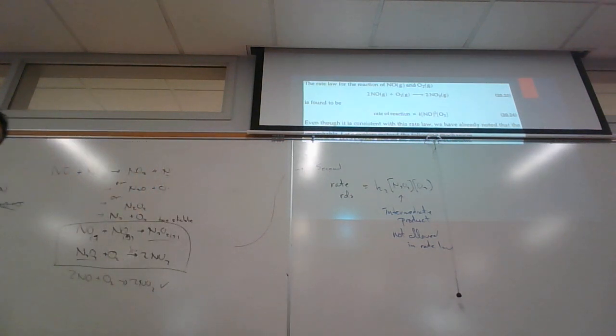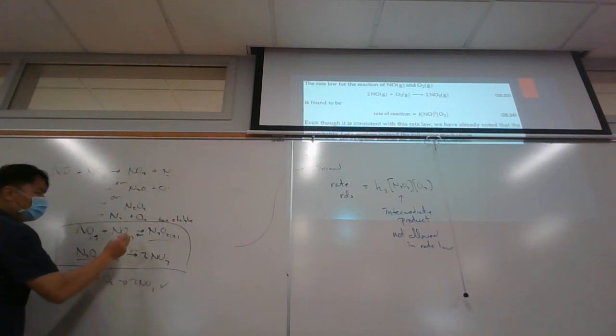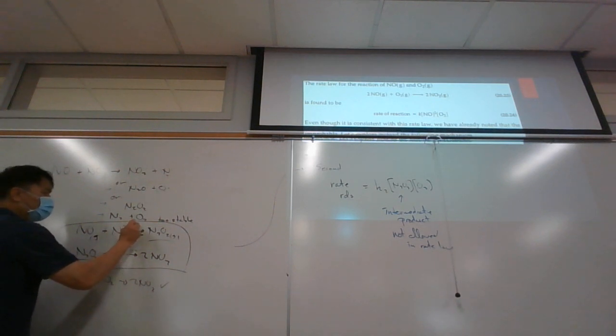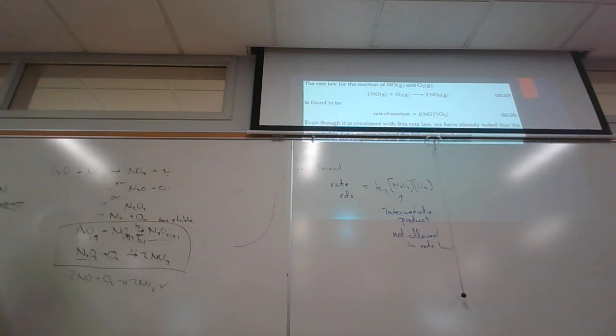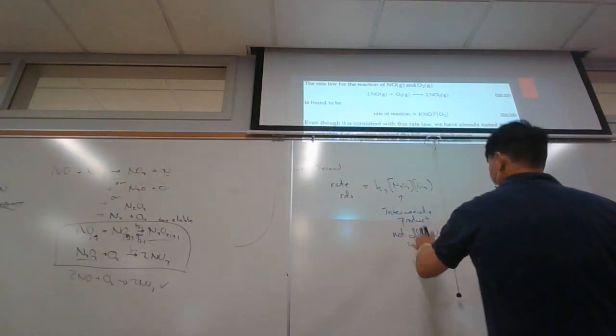So the way we get rid of that is by doing this. The first step we're going to say is reversible, like this. And so if the first step is reversible, then we're going to have K positive 1 and K negative 1. K positive 1 would be the rate constant in the forward direction. K negative 1 would be the rate constant in the reverse direction. Now, there are two ways to get rid of this.